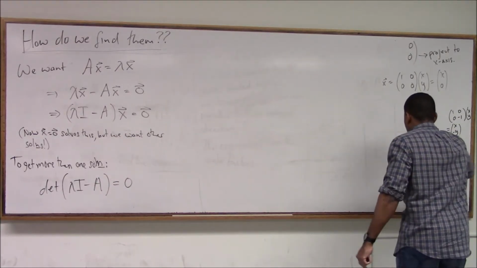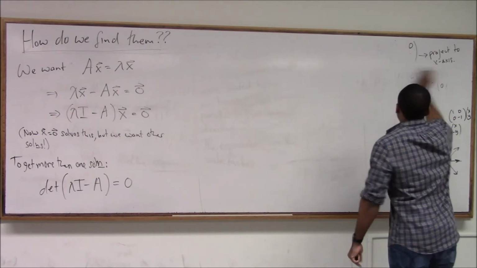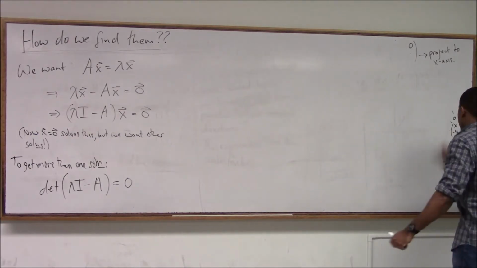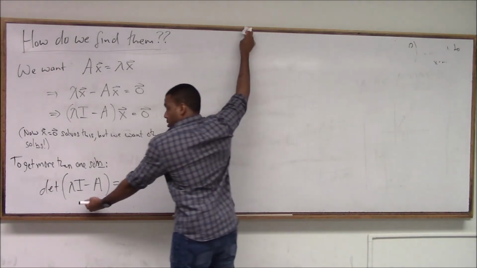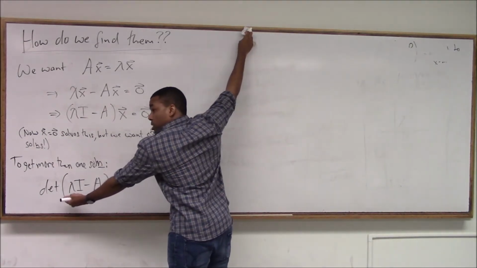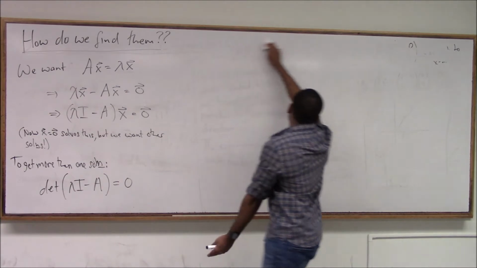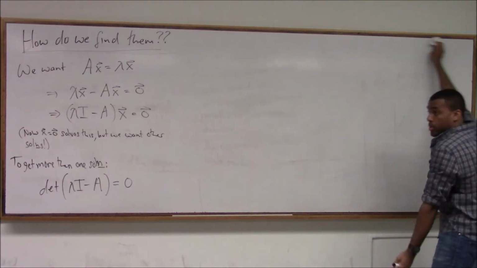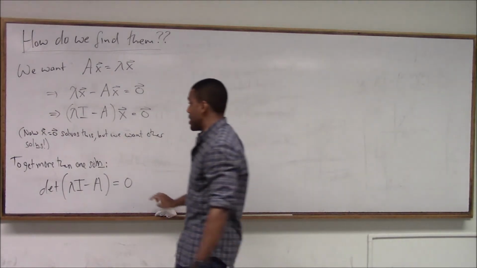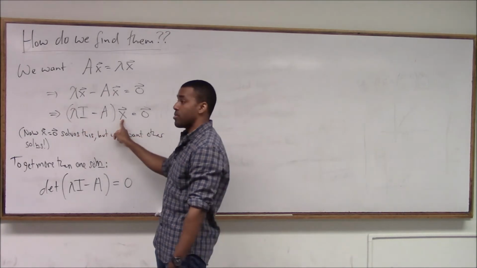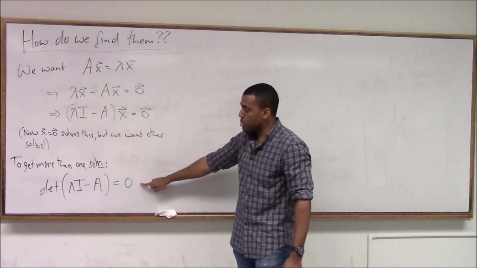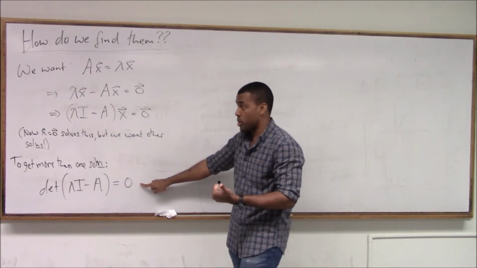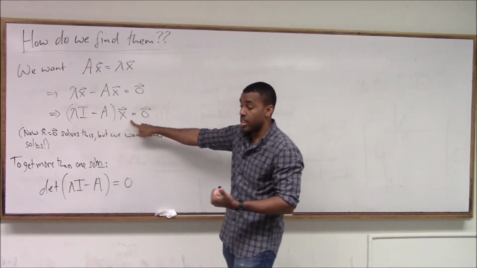And so that gives us an equation that we can solve for lambda. Notice we're taking a determinant of a matrix, so that's just going to be a scalar in terms of lambda, so it's going to be an equation, and I can solve that equation for lambda. Once I have that lambda, I can plug it back here and solve for x. So by solving this, ultimately I'll be able to find the eigenvalues first and then the corresponding eigenvectors second.